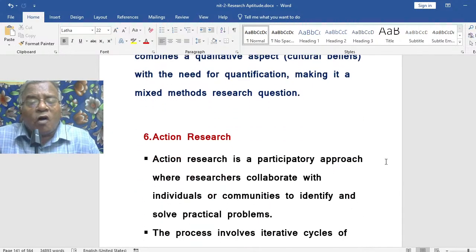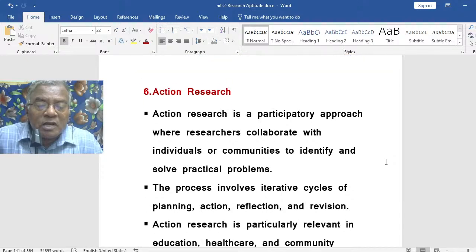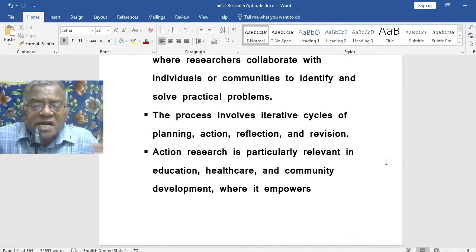Now we will go for the explanation of action research. Action research is a participatory approach where researchers collaborate with the individuals or communities to identify and solve practical problems. The process involves iterative cycles.